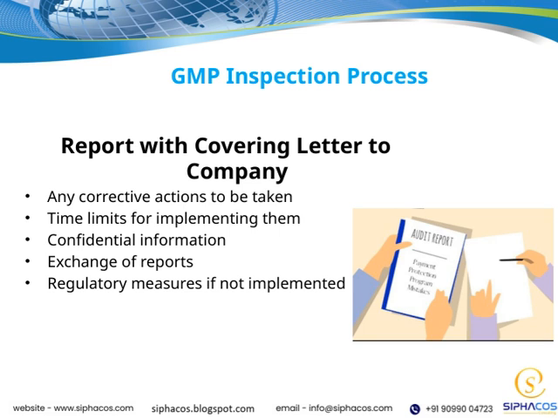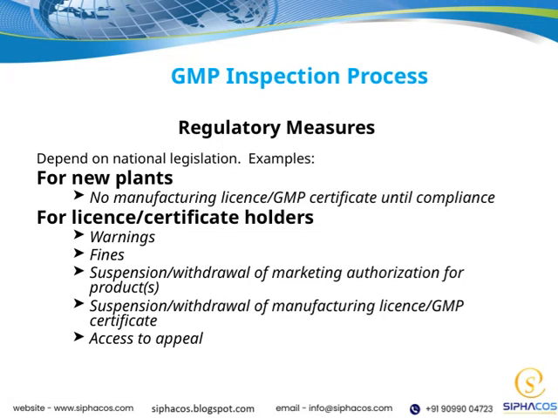Let's talk about regulatory measures, which are primarily dependent on the legislation of each country. When it comes to new plants, authorities often require a manufacturing license or GMP certificate before operations can begin. If a facility doesn't meet the necessary compliance standards, they won't receive these approvals initially.